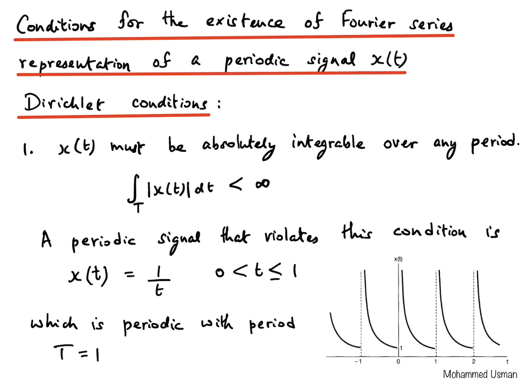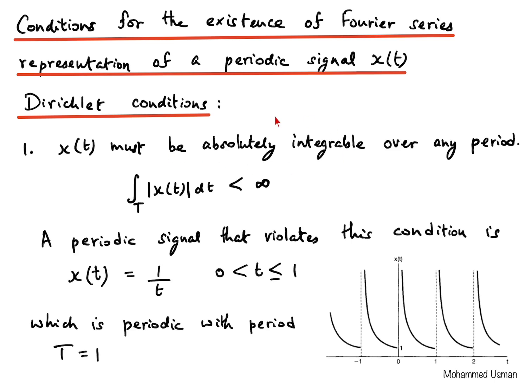Most of the signals of interest that we come across will satisfy this condition. But to illustrate an example of a signal which is periodic but does not satisfy this condition, consider x of t equals 1 by t. Because time t is in the denominator, when t approaches 0, 1 by t approaches infinity.